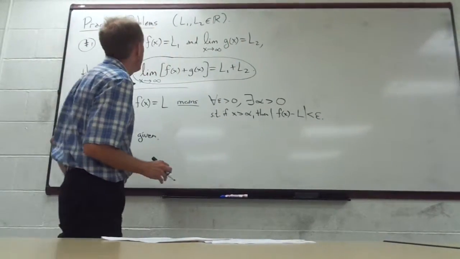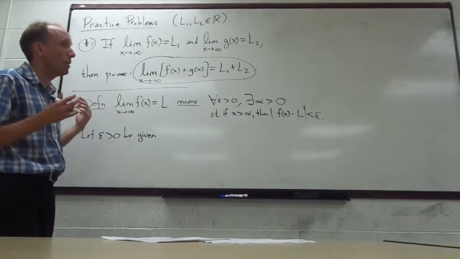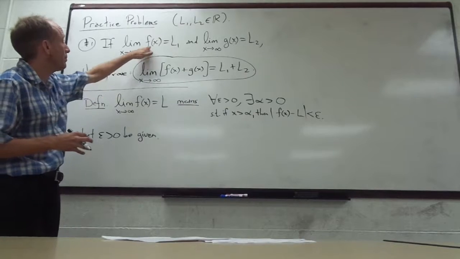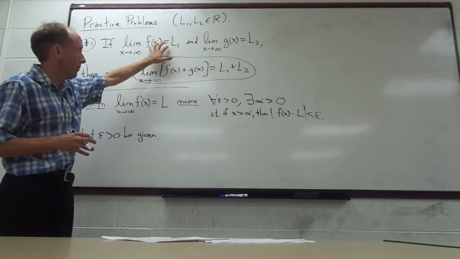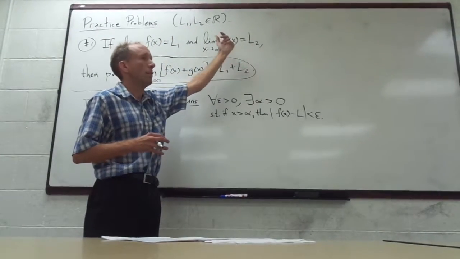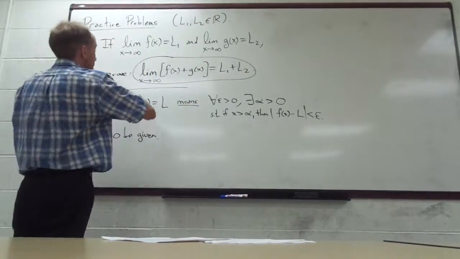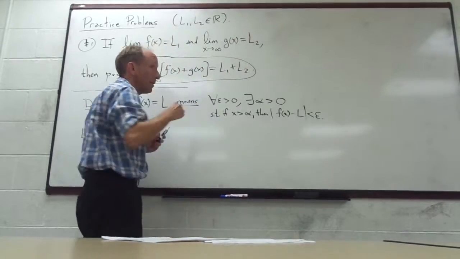So if we have an epsilon that has been given to us, what could we already be able to do? The absolute value of f of x minus L1 is less than epsilon, and the absolute value of g of x minus L2 is less than epsilon. For which x's would that be true? For which x's would f of x minus L1 be less than epsilon and g of x minus L2 be less than epsilon?